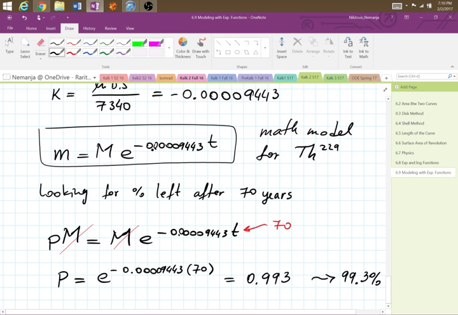Medical field, huge application, guys. Anytime you take a pill, it's going to metabolize in the body this way. So anytime you look up any kind of drug, you will also get the half-life of it. And you can use half-life to figure out the dosage on your own.